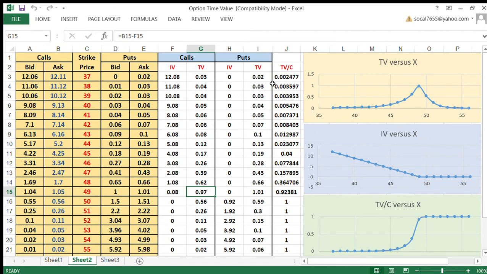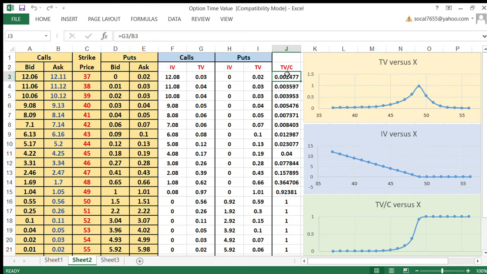And then I look at one more thing. Over here I calculate the ratio of time value divided by the call's price. So this value right here is just G3 divided by B3. So there's time value for the 37 strike call divided by B3, the ask or assumed market price for the 37 strike call.